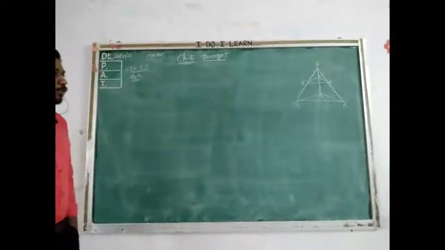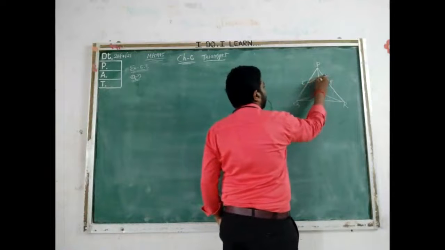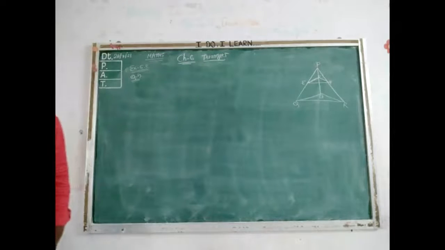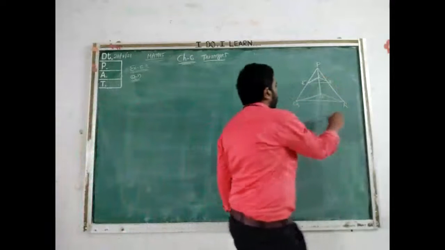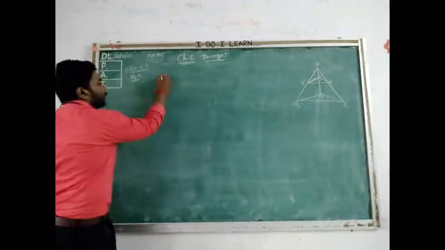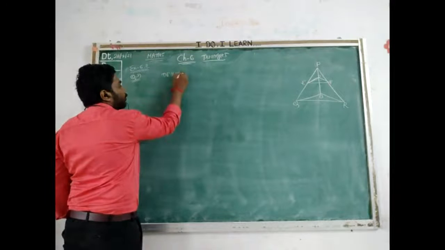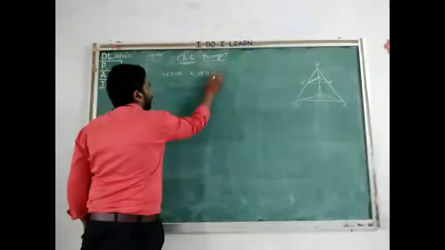In figure 6.20, DE is parallel to QO. This DE and this QO are given parallel. And DF is parallel to OR. These two things are given to us: DE is parallel to OQ, and DF is parallel to OR.